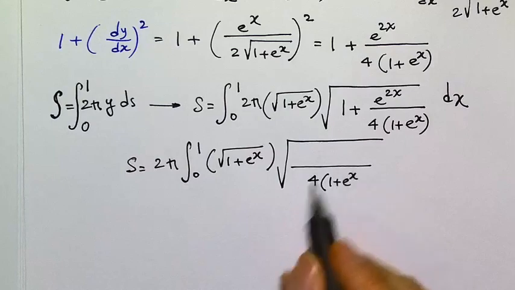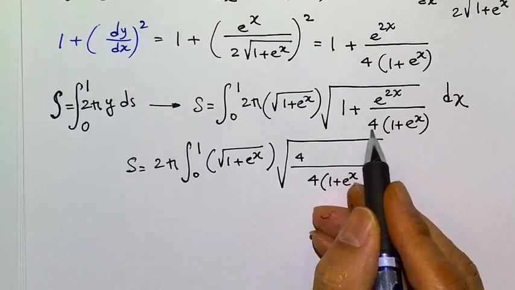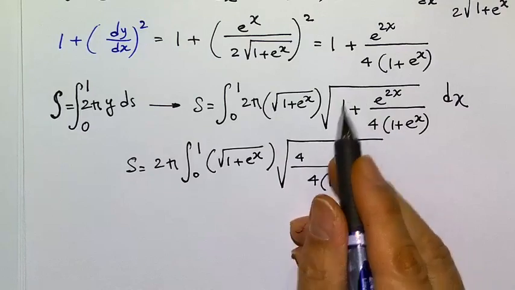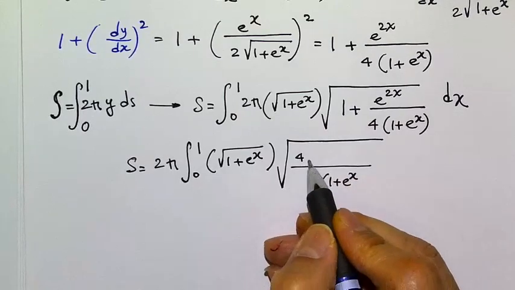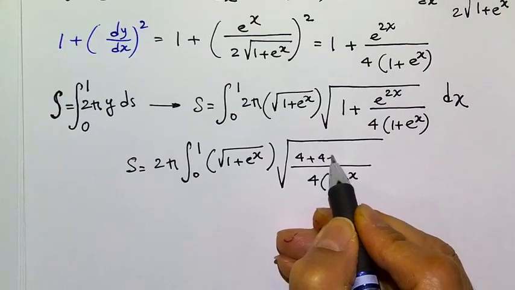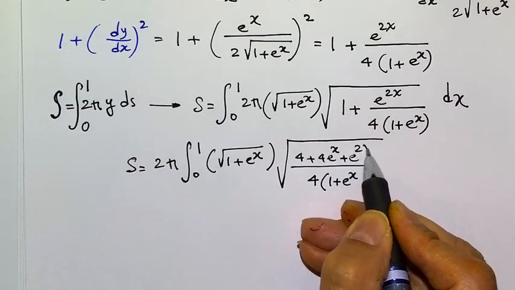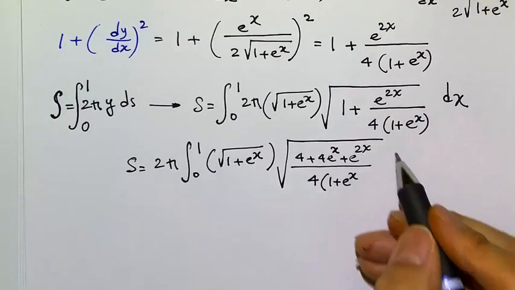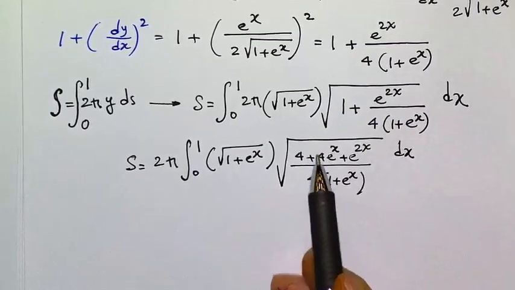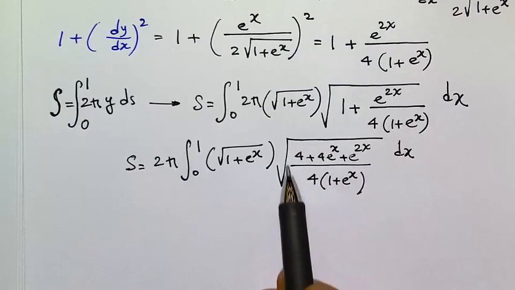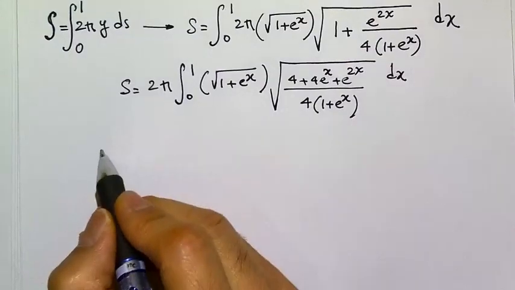So we'll end up with 4 plus, and I'm distributing the 4 into this as I combine these two, so we end up with plus 4e to the x, and then plus e to the 2x, dx. Now, if we distribute this square root to the numerator and the denominator separately, we will get this.